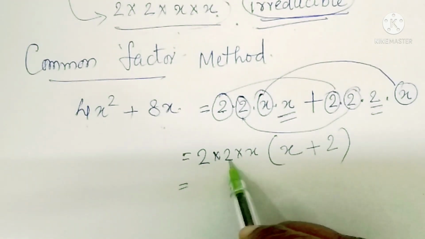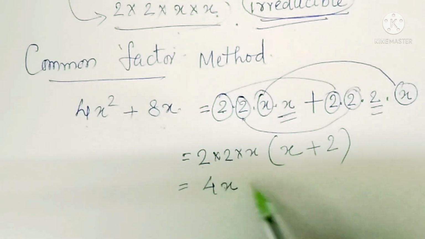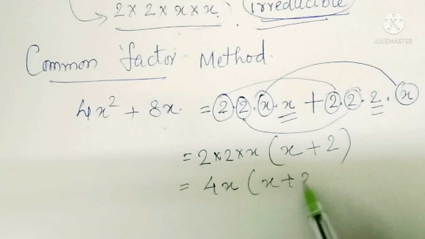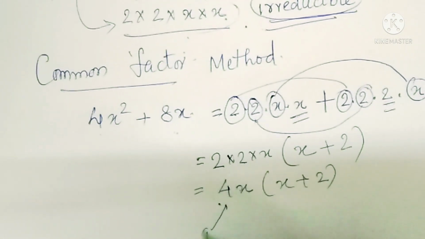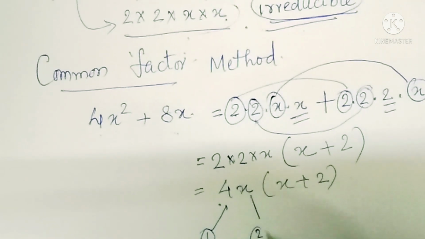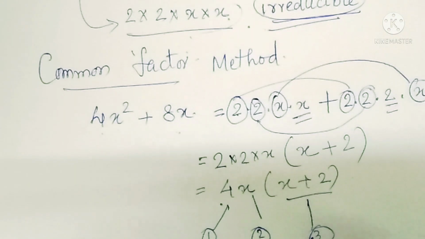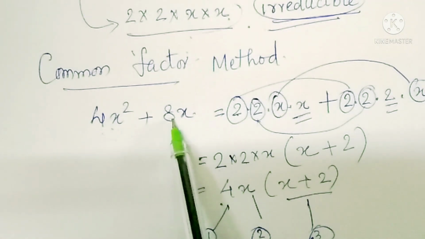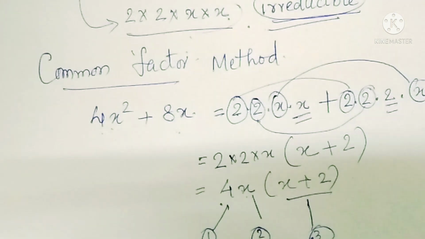So, the common factor is 2 2s are 4, x is the common factor that we took out, and we got factors. 4 is the first factor, x is the second factor and the third factor is x plus 2. So, the factors of 4x square plus 8x is 4 into x into x plus 2.